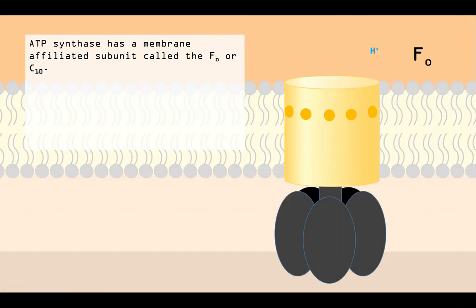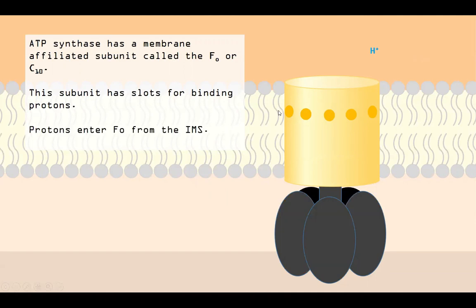So we know that we've built up a pretty sturdy proton gradient. We've got a lot of protons up here. The concentration is lower in the matrix. So that's setting us up for getting that ATP. This C-ring or F0 subunit has spots for binding protons.